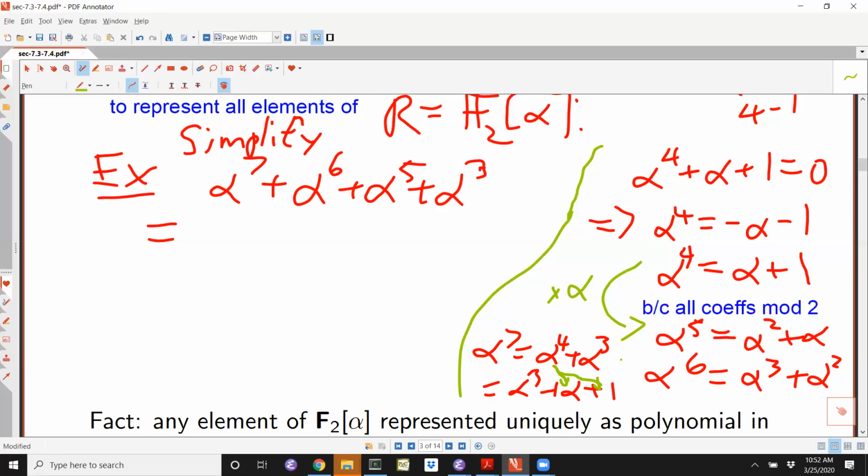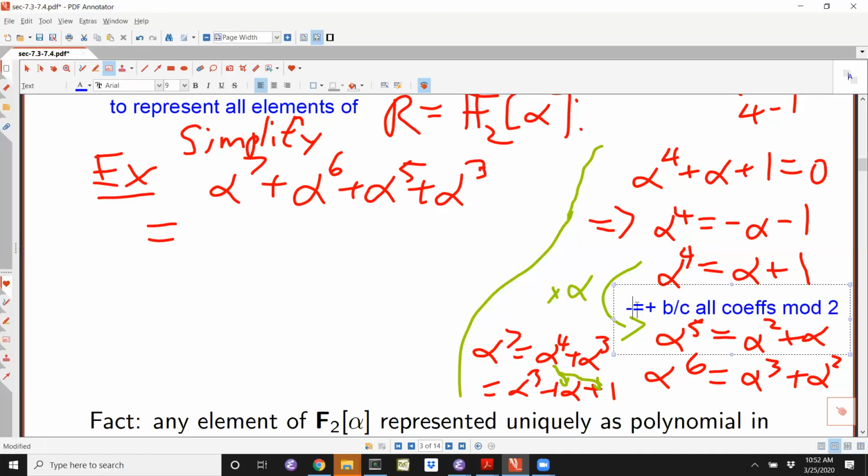Where did the negative sign go? So remember, we're taking all coefficients mod 2. So minus equals plus.